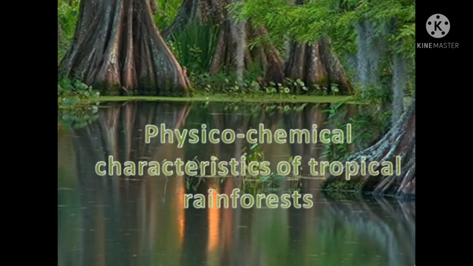Despite relatively consistent rain in these ecosystems, there are distinct dry seasons in some rainforests. Wet and dry seasons of tropical rainforests vary in their timing, duration, and severity around the globe. Tropical rainforests also have high humidity, about 88% during the wet season and approximately 77% in the dry season.